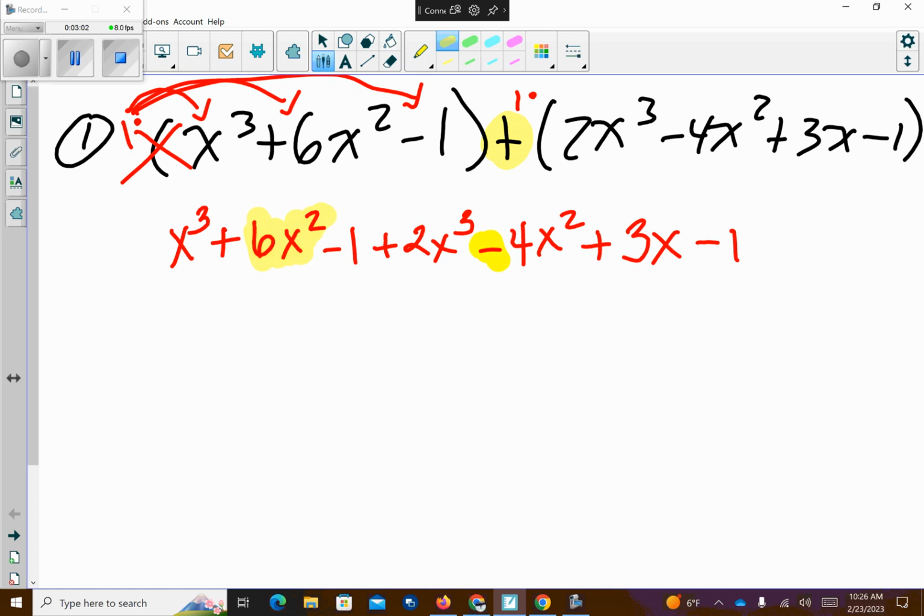Negative 4x squared, good. What's another one? The x cubed terms, good. Negative 1 and negative 1, they're constants. Remember that when we learned that?